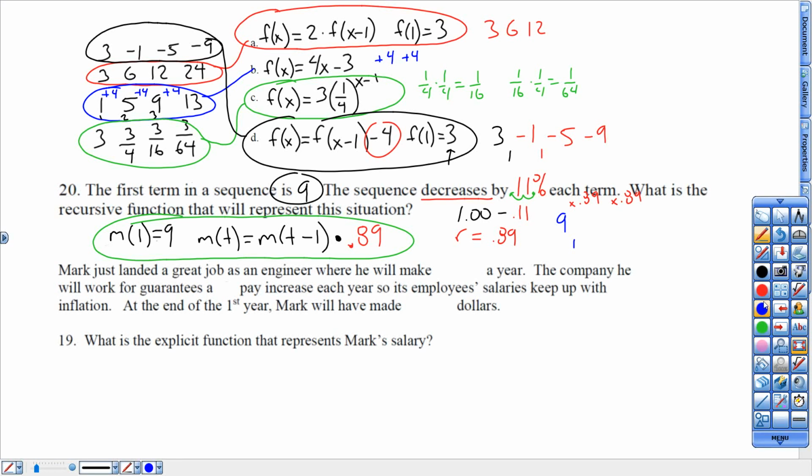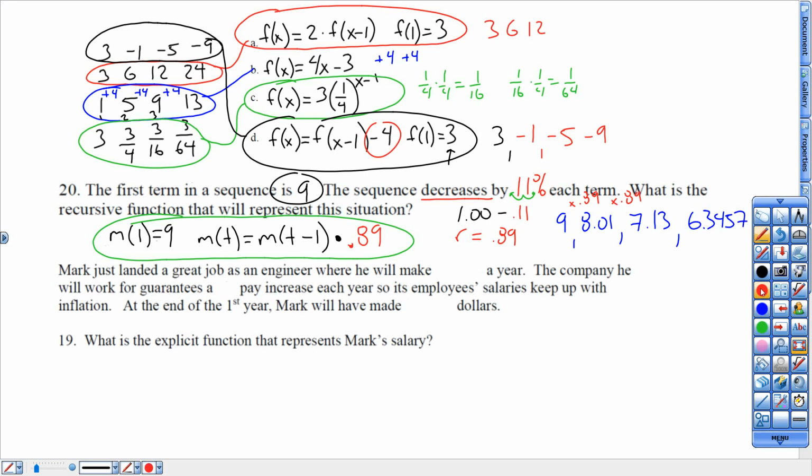So 9 times 0.89 is 8.01, going down a little bit. 8.01 times 0.89 gives me 7.1289, rounded, looks like 7.13. If I take that 7.13 times 0.89, that gives me 6.3457.